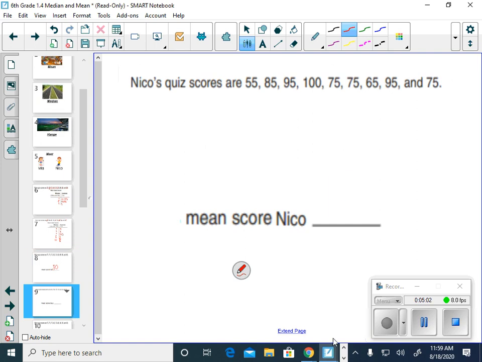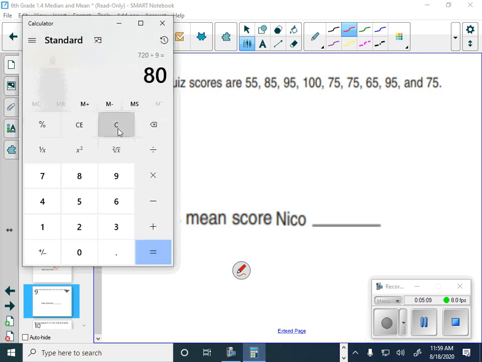They take how many tests you've gotten, you add them all up, and you divide by how many tests you took. Nico's scores, let's see how he did. He scored a 55 here, but he also had 100, so it might be interesting to see how his turned out. So we'll go 55 plus 85 plus 95. I'm doing this all in real time, so you get an idea of how long it actually takes. 75 plus 75 plus 65 plus 95 plus 75 equals, his is 720 as well.